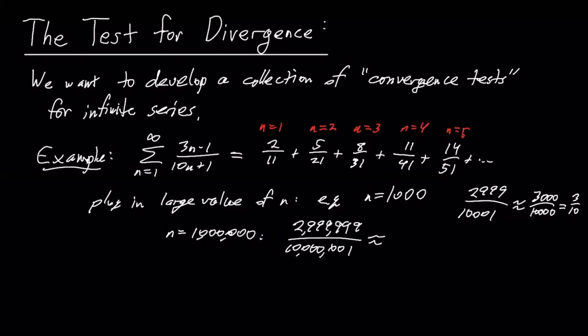But again, that's about 3 million over 10 million, even closer, which is 3/10. We talked about this a little bit when comparing improper integrals and other things: this minus 1 and this plus 1 are negligible as n gets large.